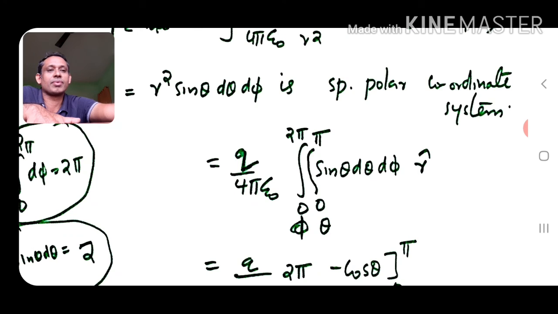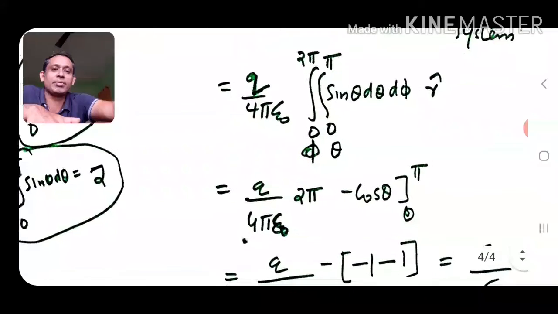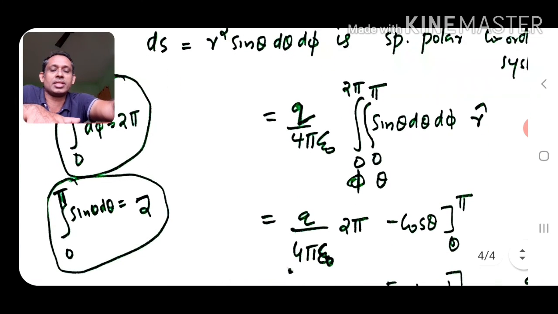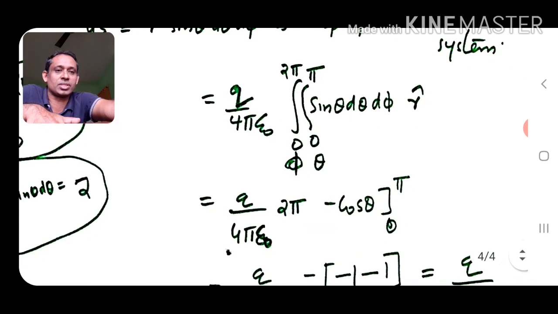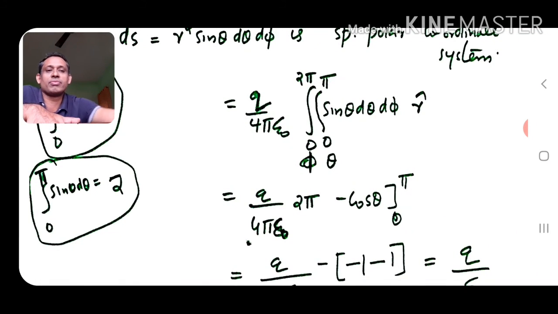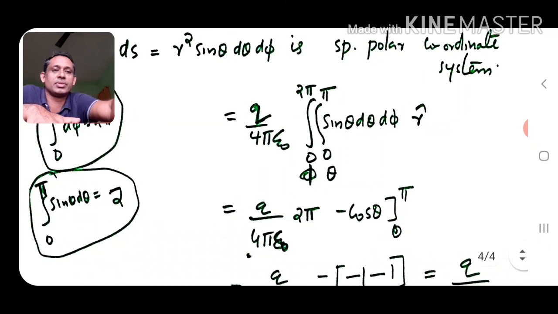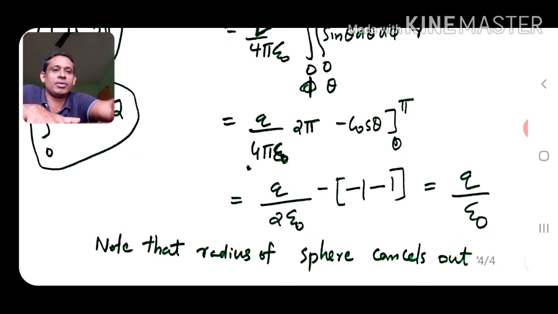As you integrate d phi, you will get 2 pi, and integral of sine theta d theta from 0 to pi will give you minus cos theta, which evaluates to 2. So we have q by 4 pi epsilon 0, into 2 pi into 2. So what you are going to get is q by epsilon 0.